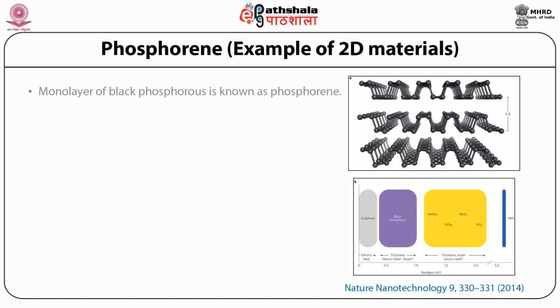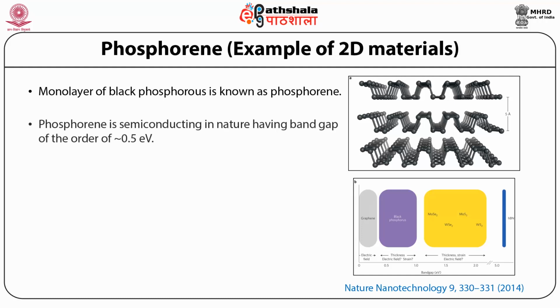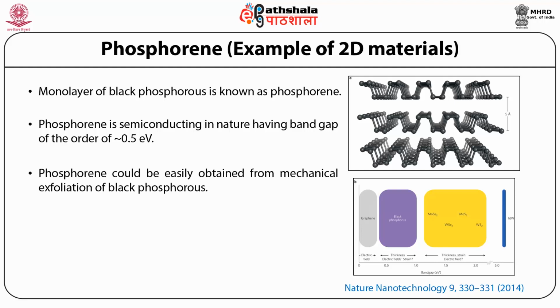Phosphorene, a monolayer of black phosphorus, is known as phosphorene. Phosphorene is a semiconductor in nature, having a band gap of the order of 0.5 electron volt. Phosphorene could be easily obtained from mechanical exfoliation of black phosphorus.